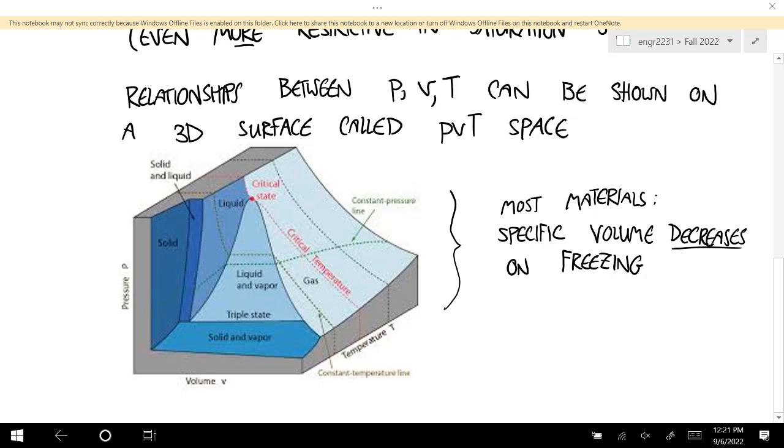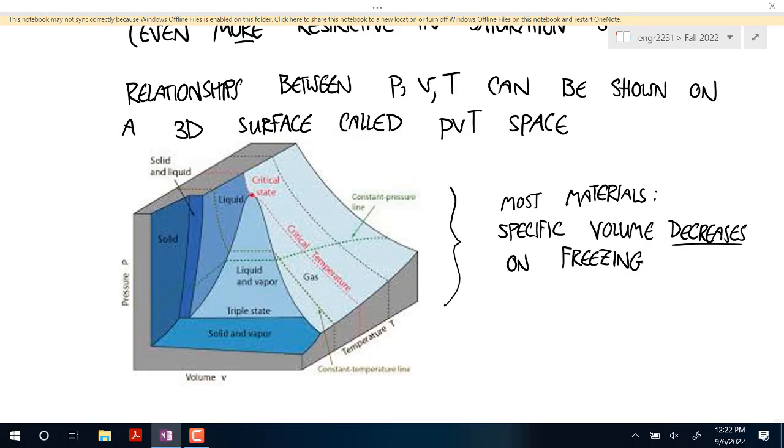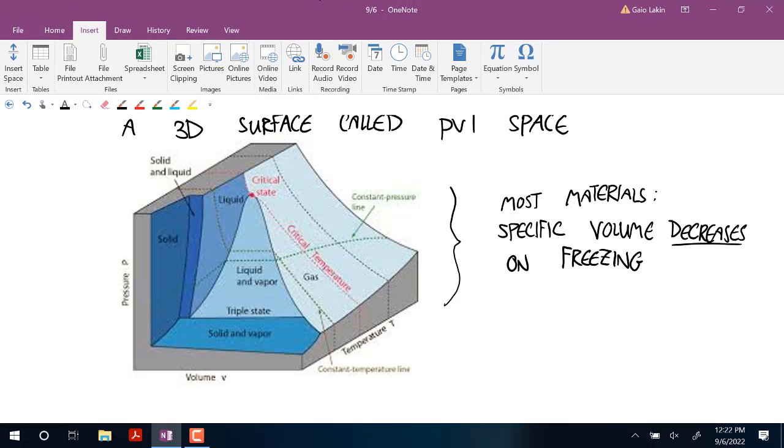Melted metals take up more volume than solid metals. Okay. The other possibility, though, is water. So let me show that.